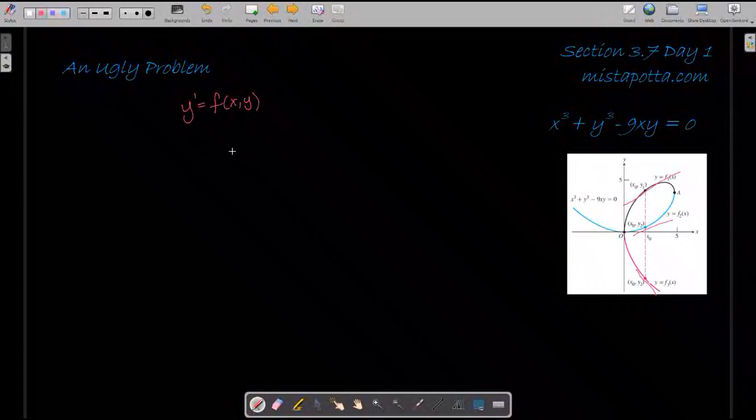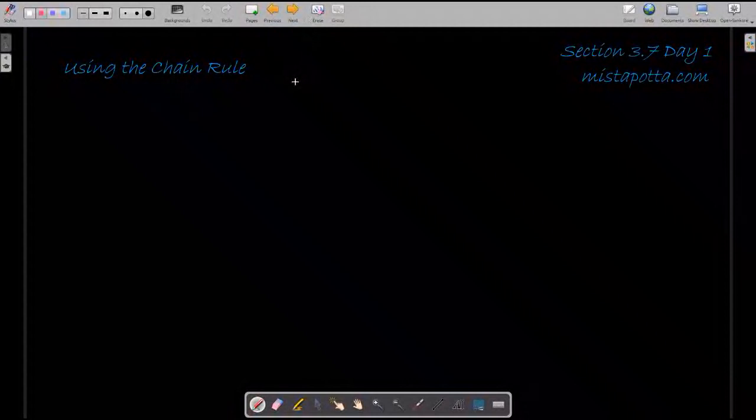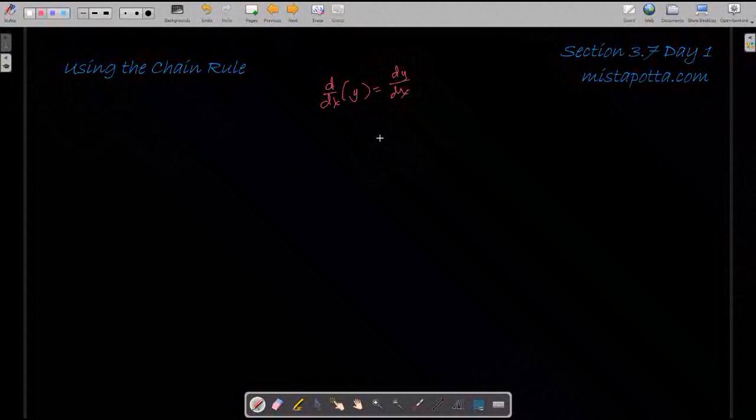Now, the tool that we have to do this is the chain rule. And it follows from almost a duh type of relationship. The idea that if I take the derivative with respect to x of y, I get dy dx. Now, I know that seems kind of obvious. It seems like I'm just playing with notation here.